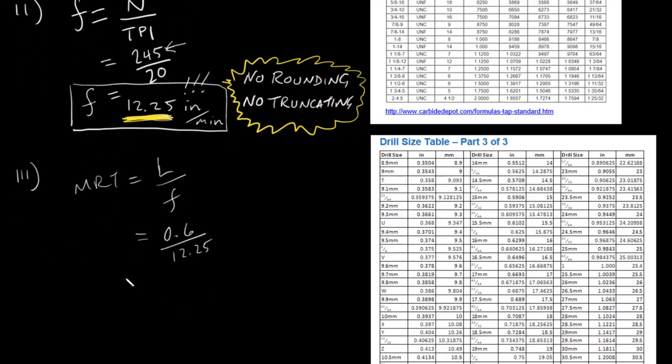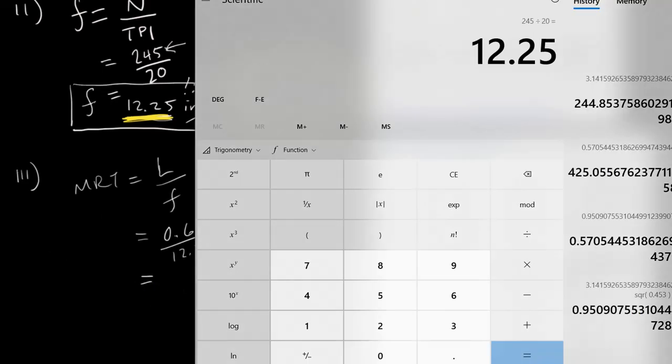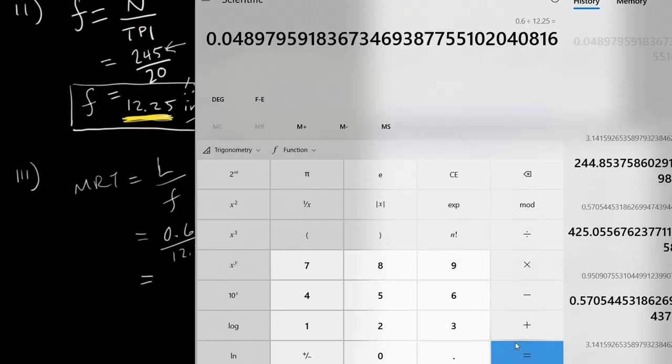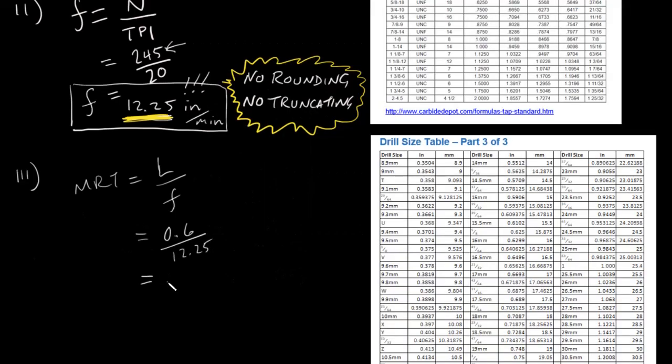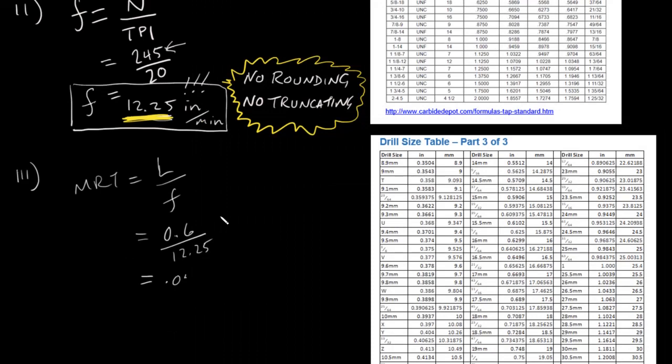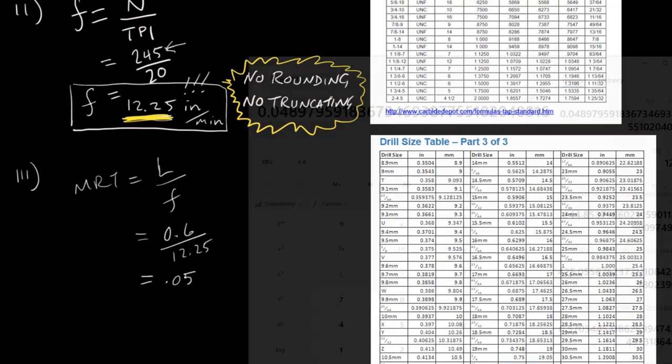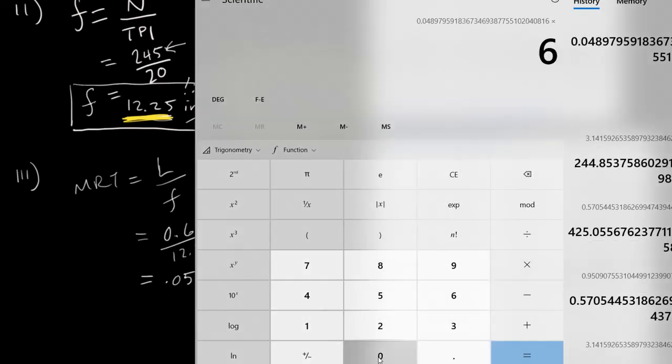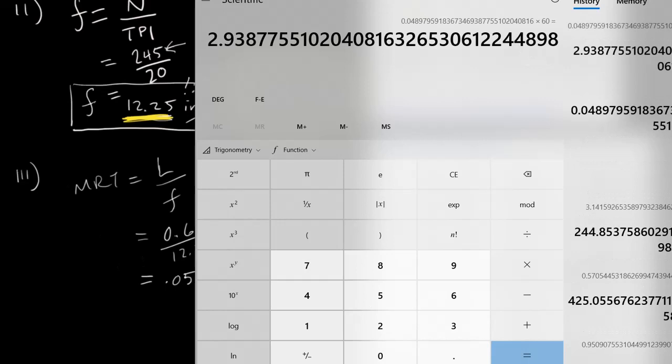So our material removal time is 0.05 minutes. And let's see what that is in seconds. That's about 3 seconds.